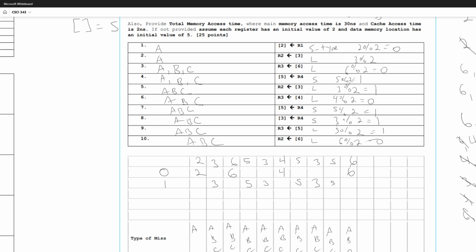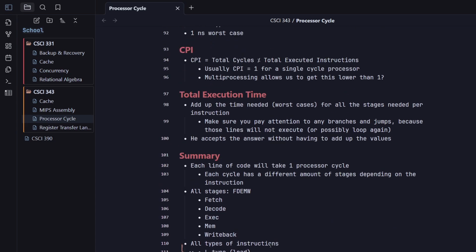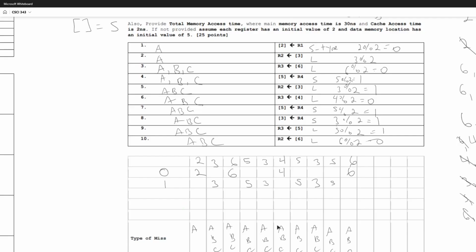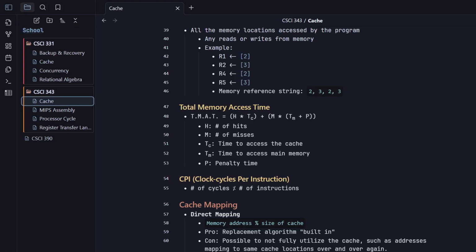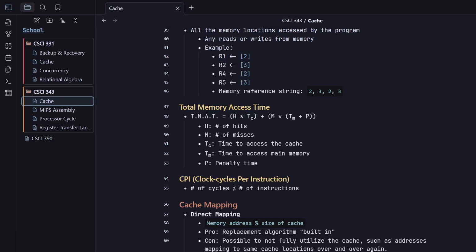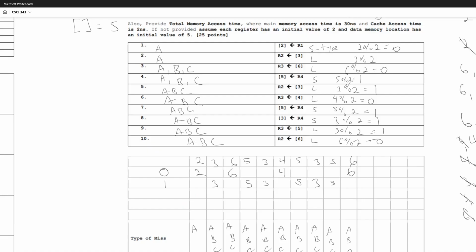It's H times TC plus M times... M plus P.